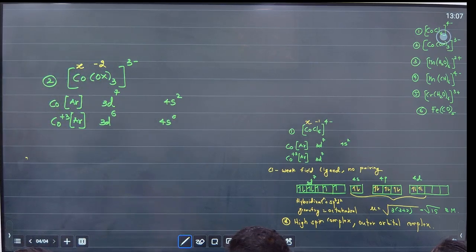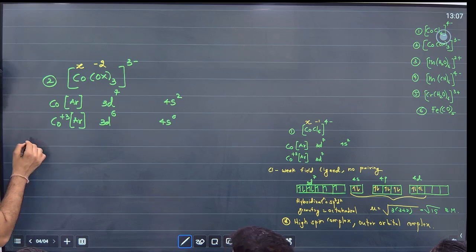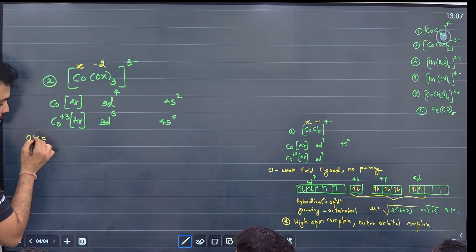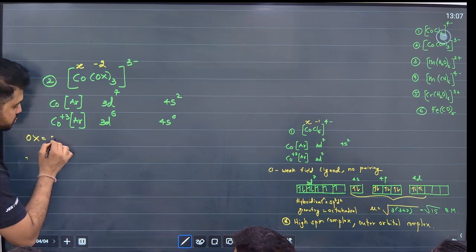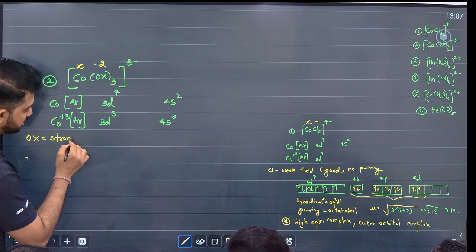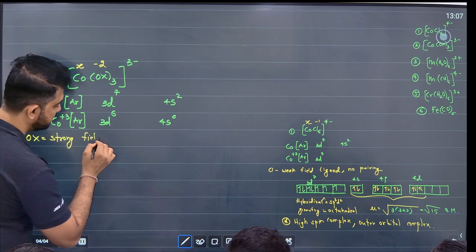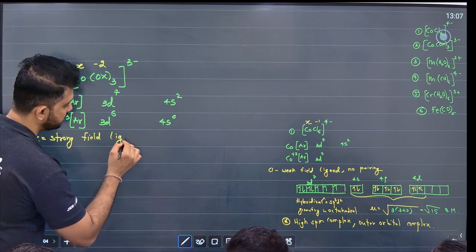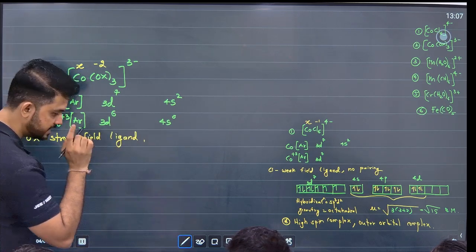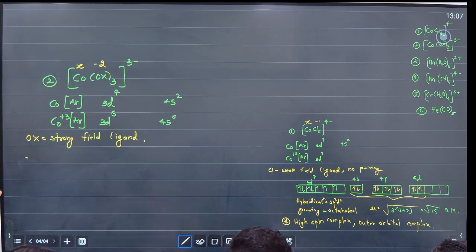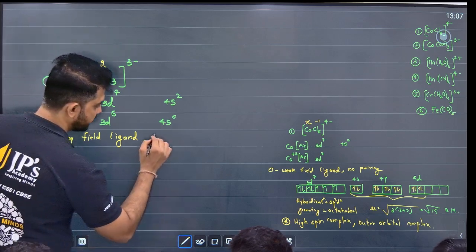Now tell me, what will we check next? Oxalato is a strong field ligand. Since it's an SFL, what will happen? Pairing takes place.